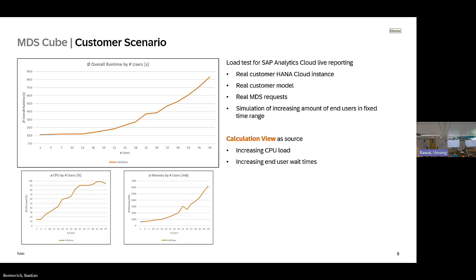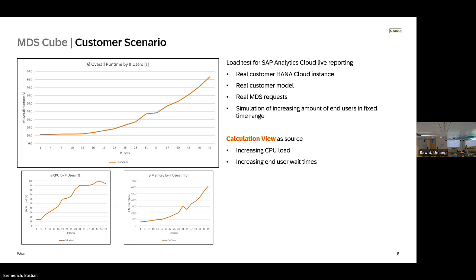That's when resources became short. When those MDS requests competed for resources, we see a similar pattern for the average CPU load and the average memory consumption in the lower charts. In this case, the available CPU power was the bottleneck.